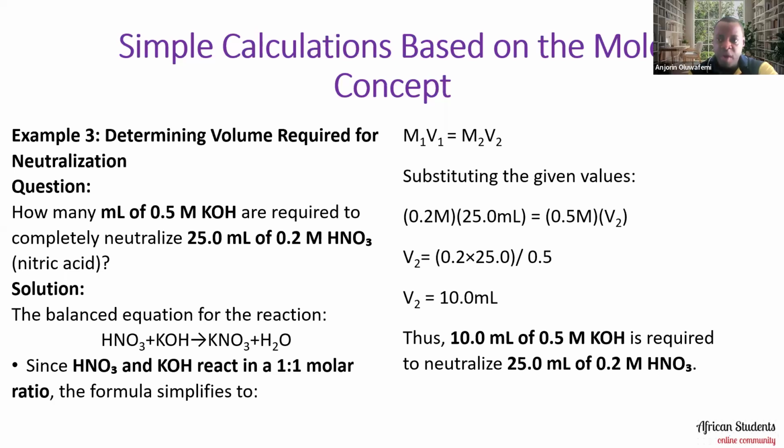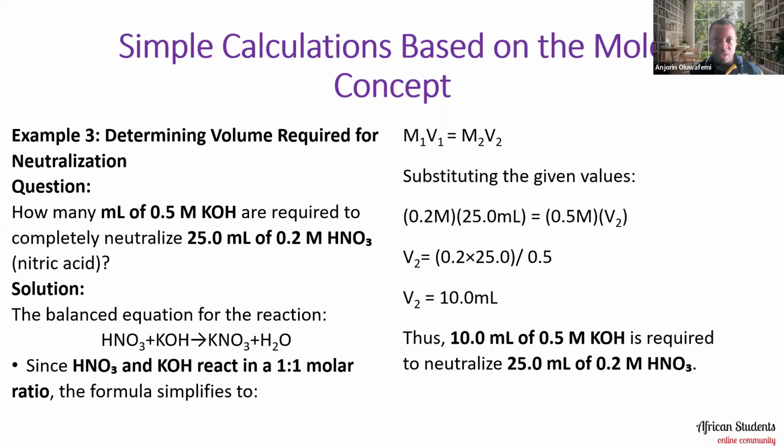Now, first, we need to write a balanced equation. HNO3 plus KOH gives KNO3 plus water. Since HNO3 and KOH react in a 1:1 molar ratio, this formula simplifies to M1V1 equals M2V2.